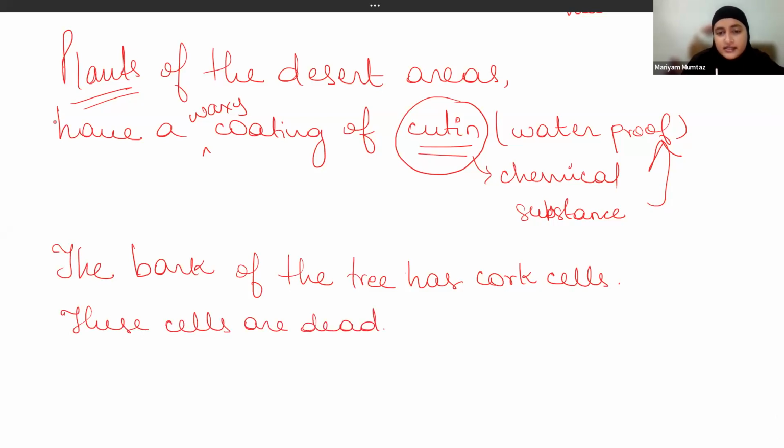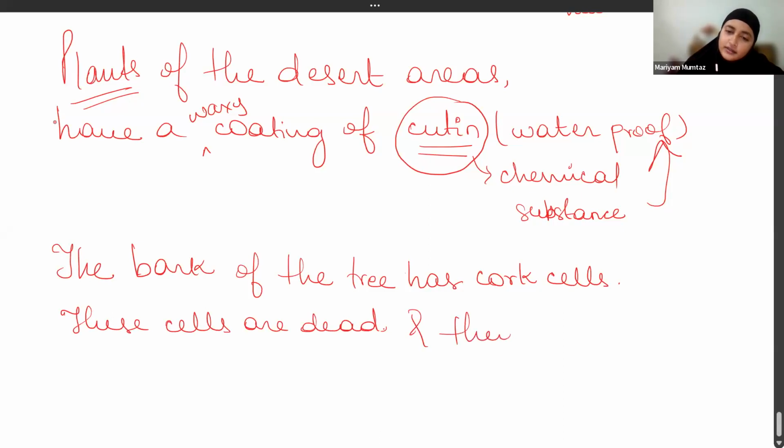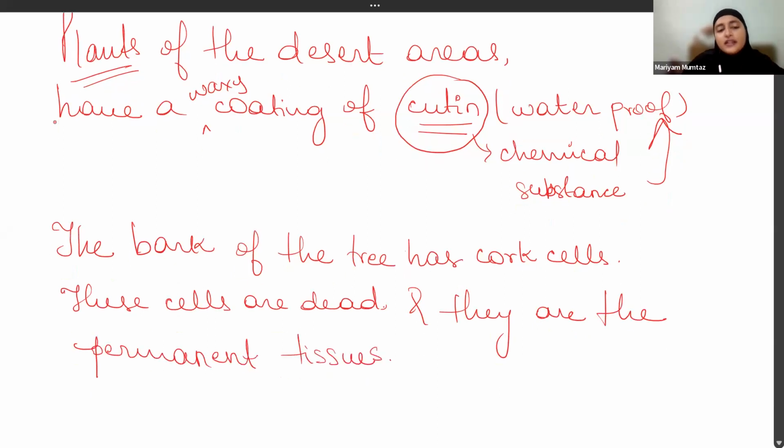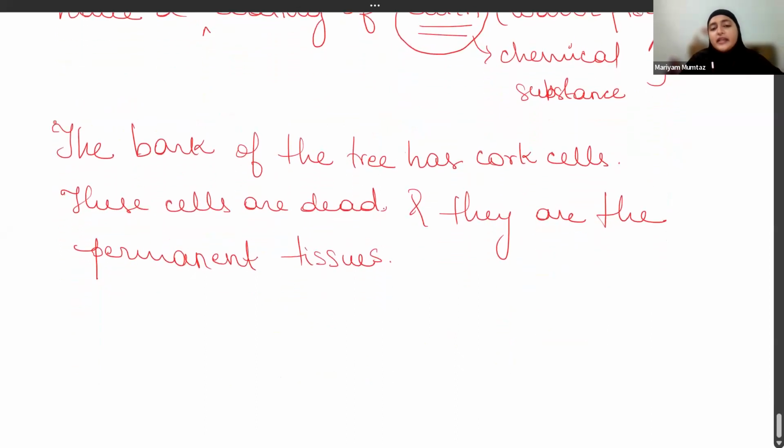These are the dead cells, and they are the permanent tissues. Since permanent tissues are there to perform a specific role, isn't it? So in this case, they are making the bark of the tree. Is it clear?